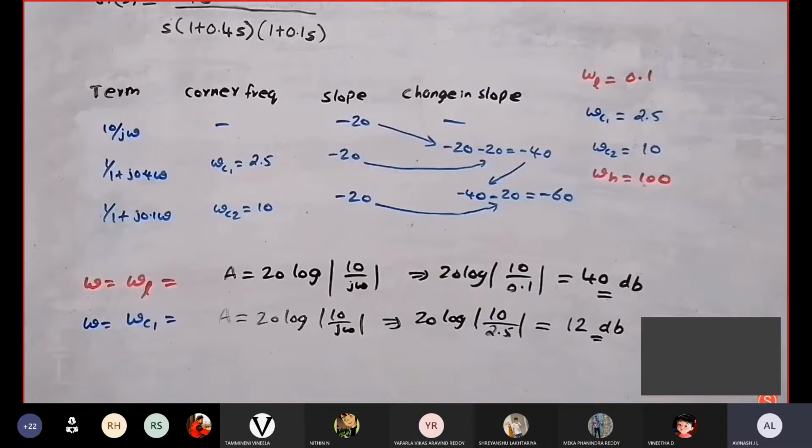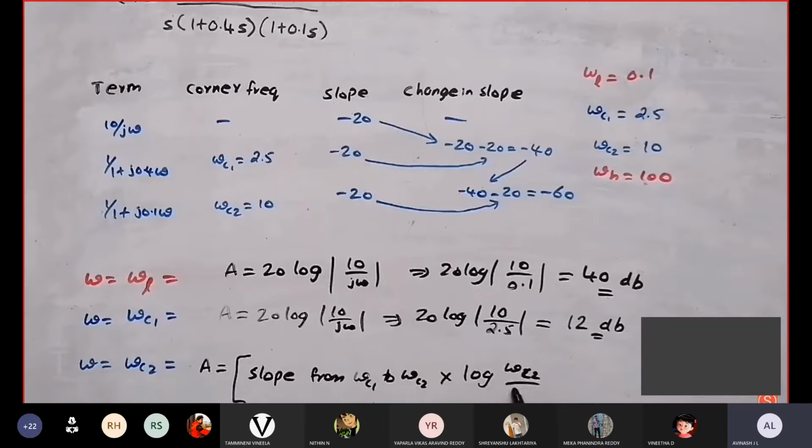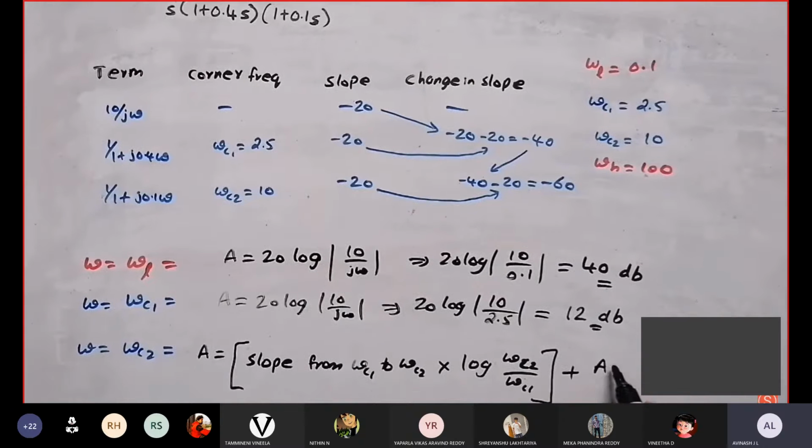Now for omega C2, the second corner frequency, from here onwards the equation for finding magnitude changes. The equation will be A equals the slope from the previous value, that is omega C1 to omega C2, multiplied by log of omega C2 divided by omega C1, plus the magnitude at the previous value, that is at omega C1.